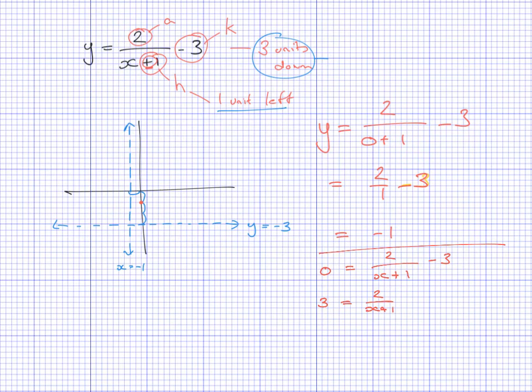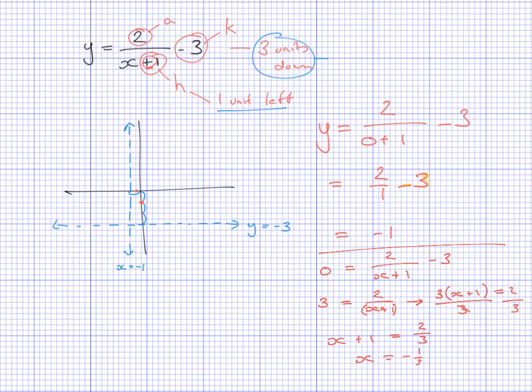I'm going to multiply the whole of the denominator across, so that will lead to 3 bracket x plus 1 equals 2. Don't be tempted to expand the brackets, just divide by 3, and that's going to give you x plus 1 equals 2/3. Move the 1 back across as a negative, and you end up with minus 1/3 as the x-intercept. And we'll put that point on there.